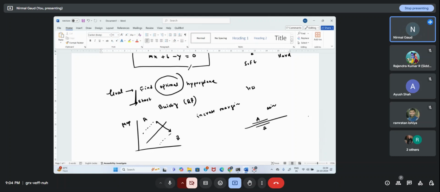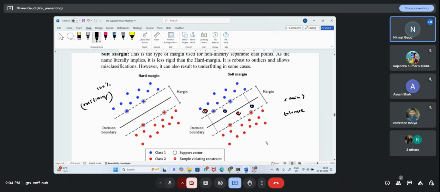So, when you start making the decision boundary, in order to achieve the optimal hyperplane, you may face such a scenario, soft margin, where you have to afford some misclassifications also.